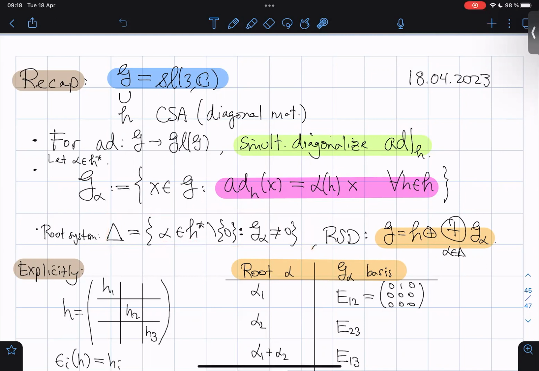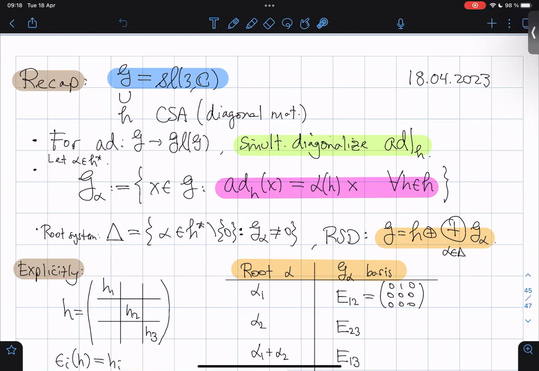These alphas are functions. Functions from where to where? They're functions from H into scalars, into C. Because ad H is linear, alpha is also linear, so this is a linear functional. We're working in the so-called dual space, H star.